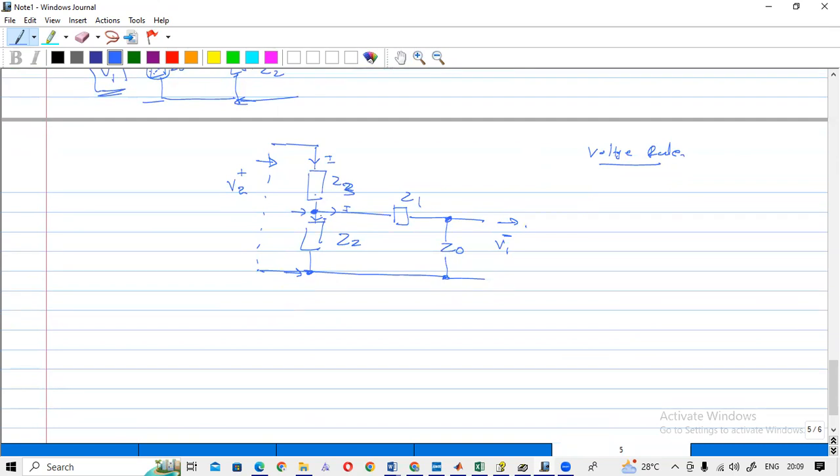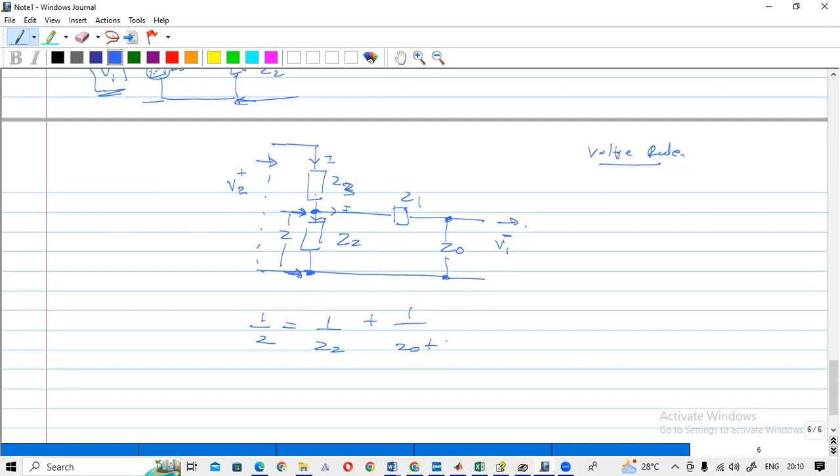Now you have to find the resultant impedance of this terminal, between this one. So how to find that? That is Z1 plus Z0, the total impedance here. Now you want to find the total impedance at this terminal. Let's say that this is Z. So 1 over Z is equal to 1 over Z2 plus 1 over Z0 plus Z1.